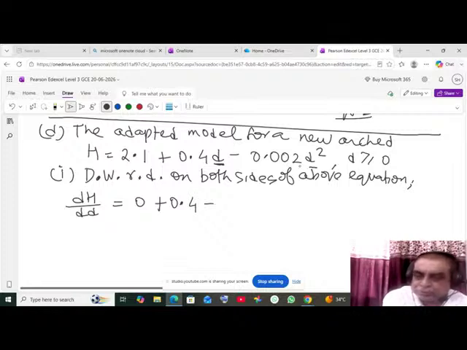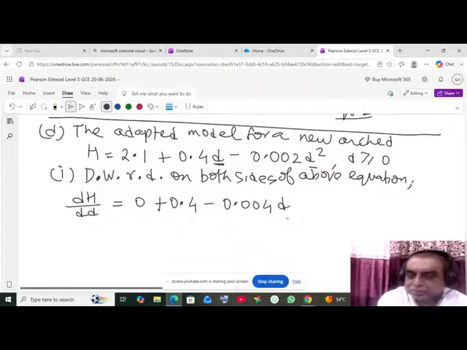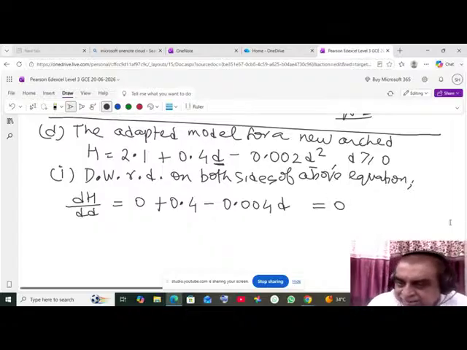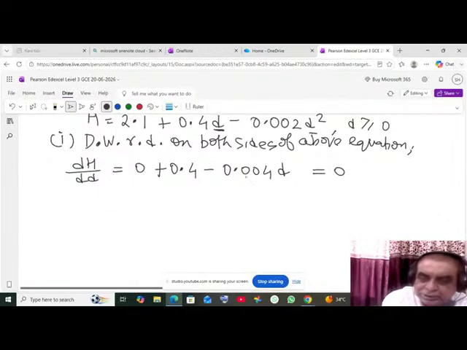So 0.002 multiplied by 2 gives 0.004, and the power of D reduces by 1. That is the first differential coefficient of h with respect to D. For the maximum height, we have to equate this to 0. So you solve this and find the value of D.